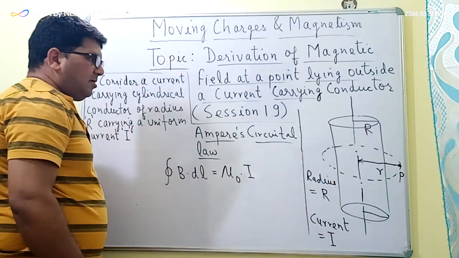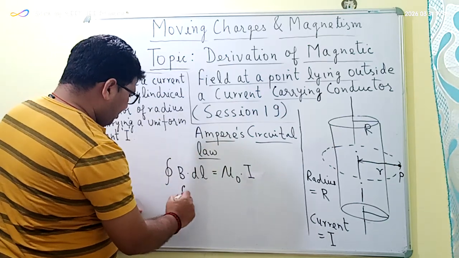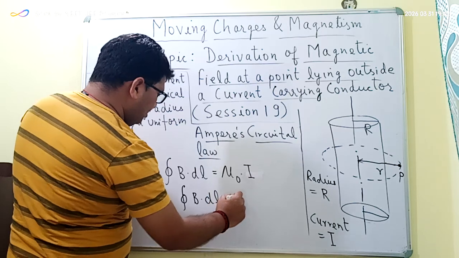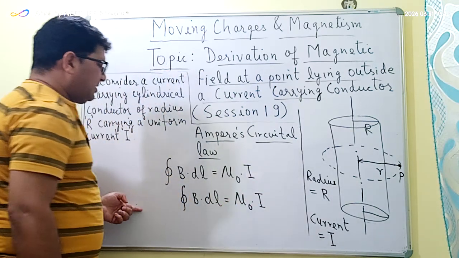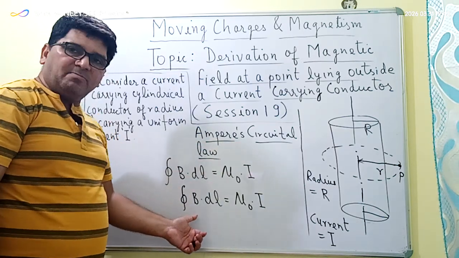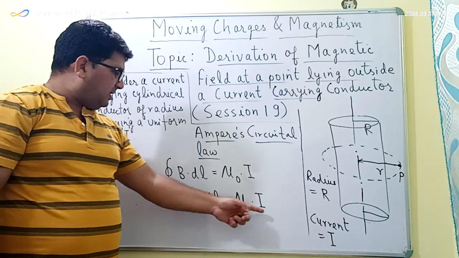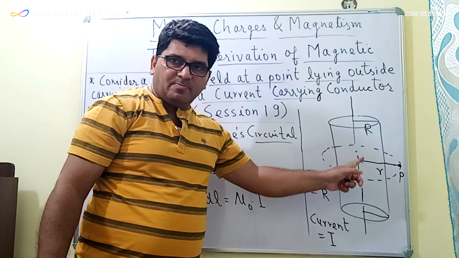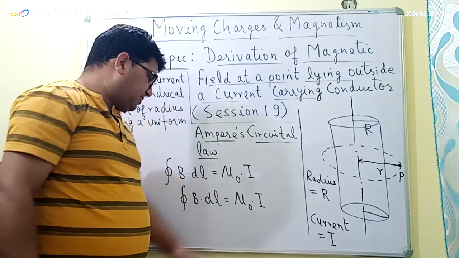So here in this case, this Ampere's Circuital law can be mathematically defined by this equation, and here I is what? It is the net current which is passing through this Amperian loop, and mu naught is what? It is the permeability of free space.